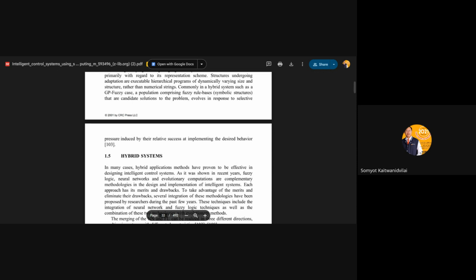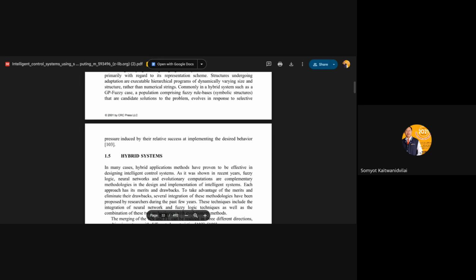When you design the fuzzy, you need expertise. Only an expert can design a good fuzzy system. But with a neural network, you can teach it without understanding the mathematical model, and you can change the structure of the fuzzy by mapping between input and output. If you combine these two, you get the advantage of human-like reasoning and no mathematical requirement.